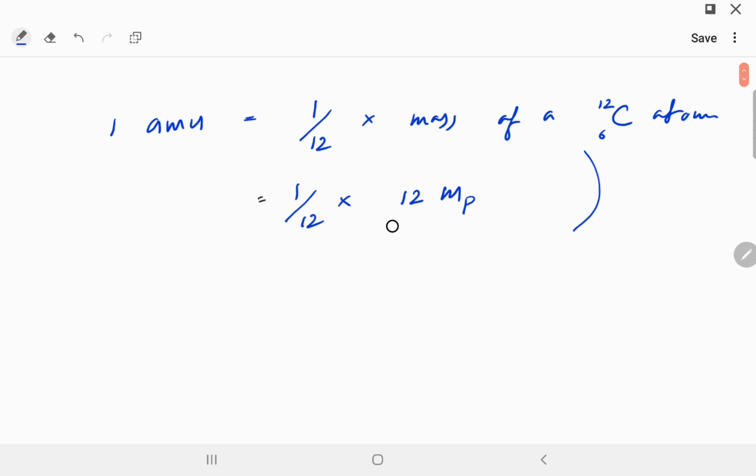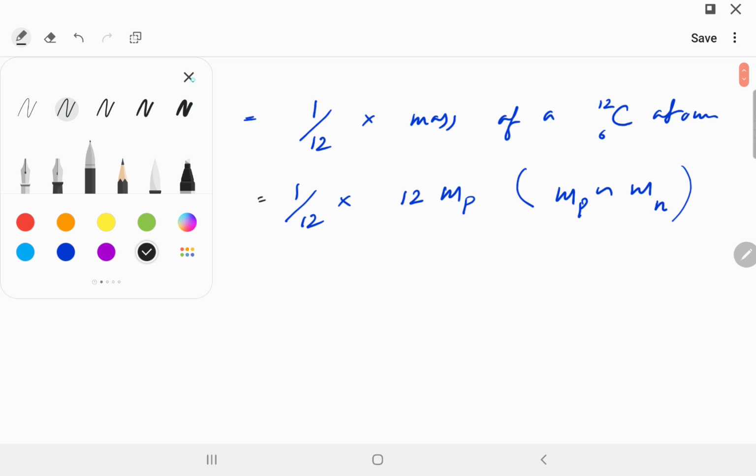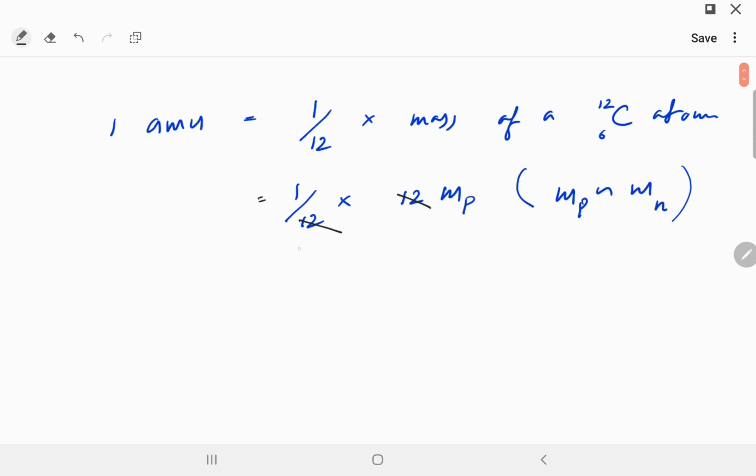So what is 1 AMU? 1/12 times 12 times the mass of a proton. Our assumption is, of course, that the mass of a proton is approximately equal to the mass of a neutron. And then, as you can see, 12 and 12 cancel out. So 1 AMU is approximately the mass of a proton.